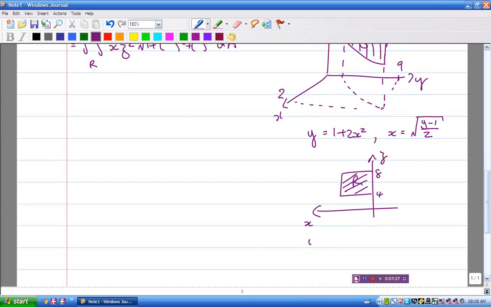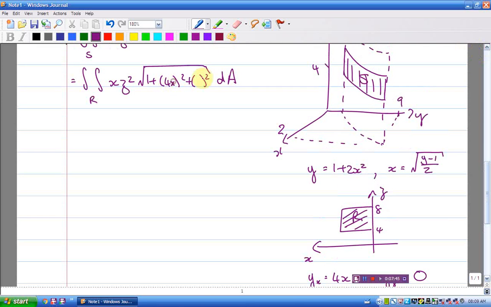I've got to work out the derivative of y with respect to x and the derivative of y with respect to z. One is 4x, the other is 0, because there is no z in the surface expression. So there's a 4x squared and a 0 squared. Okay? xz squared times the square root of 1 plus 16x squared dA.